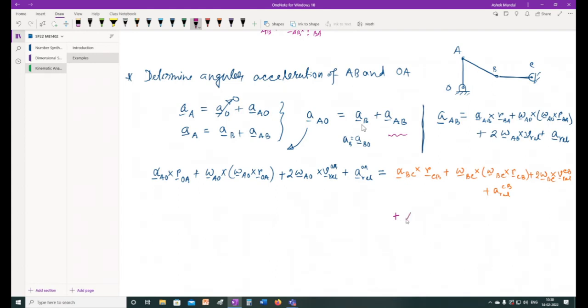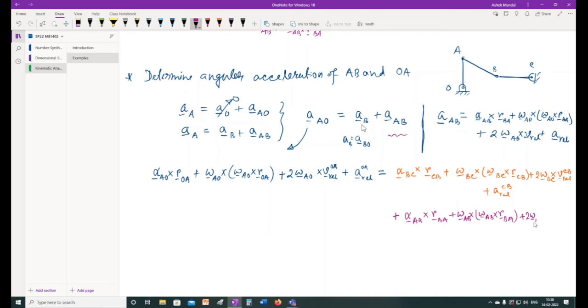Alpha AB cross R BA, plus omega AB cross omega AB cross R BA, plus 2 omega BA, sorry, omega AB. Omega BA and omega AB are the same, right? Angular velocity is the same.